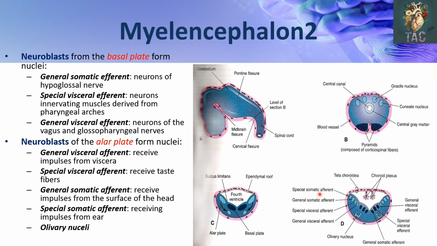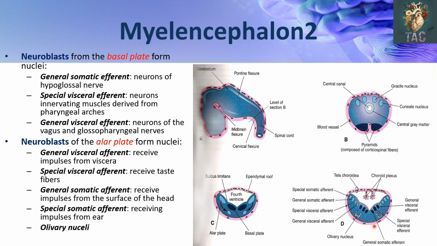So this organization is very important. You have to memorize it, because all of this will be visible not only in the myelencephalon but in the metencephalon as well as in the mesencephalon, and also in different areas. So these nuclear groups are present, which will give rise to different nuclei for the cranial nerves.